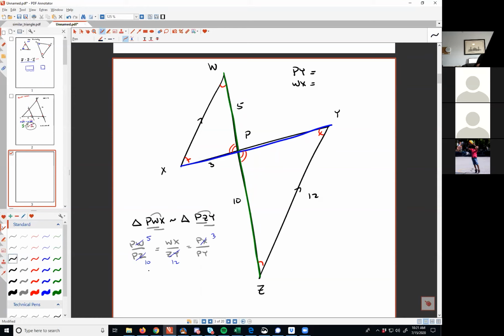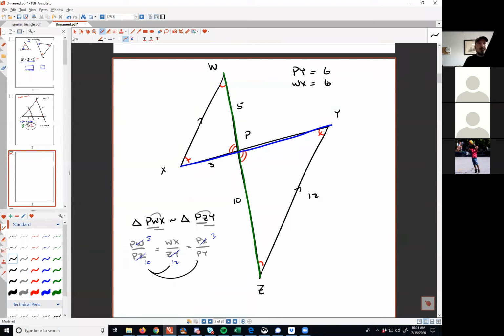And now we can equate the first two of these. And what is WX? 6. And what is PY? It is also 6. We have a ratio of similitude of 1/2, and we just do a little bit of equation solving and we're good.